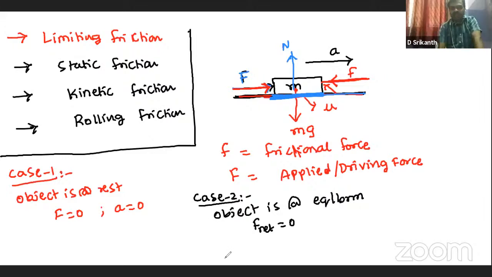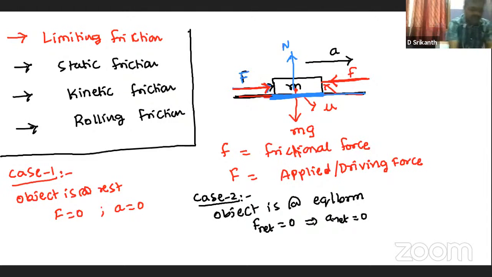Equilibrium means that when equal and opposite forces are acting on an object, then the net force will be zero. When the net force is zero, we can say that the net acceleration is zero. So we can say that this position can be called equilibrium.